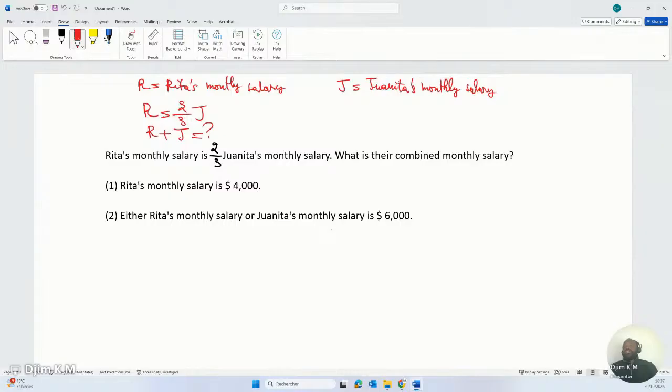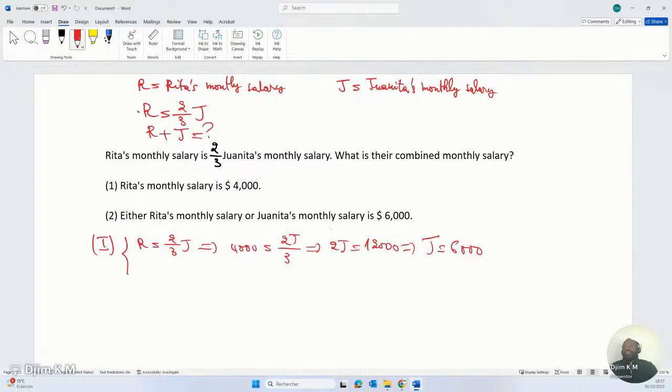So the first condition tells us that Rita's monthly salary is 4,000. So from the condition here, we can simply say that we have this equation: R is equal to 2/3 of J. So 4,000 is equal to 2/3 of J, so this will give us J is equal to 6,000.